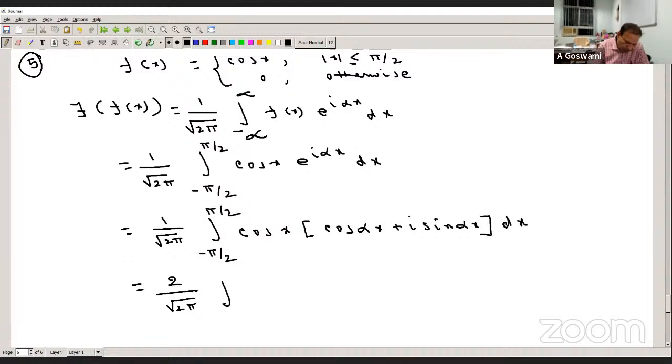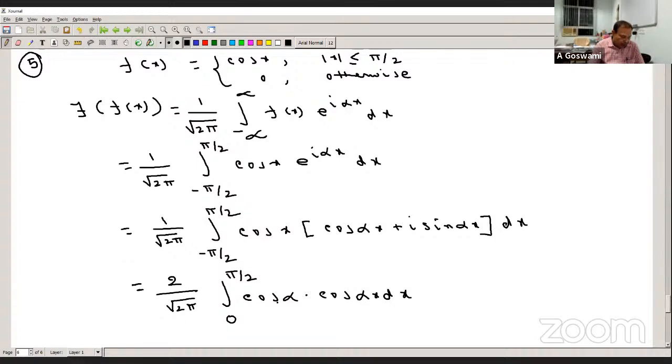You can write 2 by root 2 pi, integral from 0 to pi by 2, 2 into the integral from 0 to pi by 2 of cos x into cos of alpha x dx. Please note that since the first part was even, you have made it 2 into 0 to pi by 2.